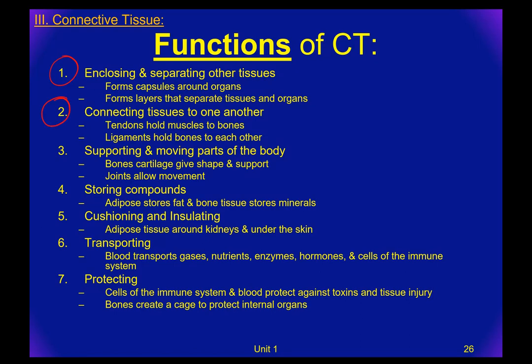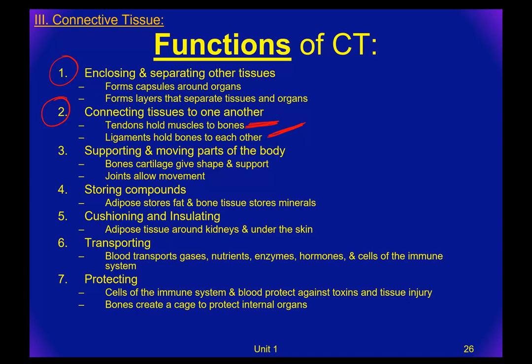This shouldn't be really shocking. It connects things to each other. Connective tissue connects things. No. Yes. So, tendons. Tendons hold muscles to bone. Ligaments hold bone to other bone.